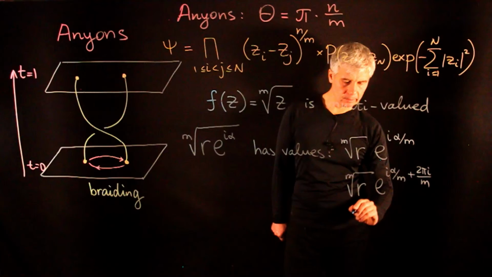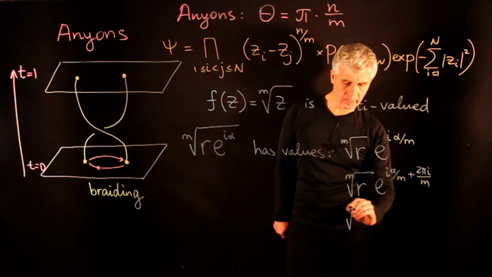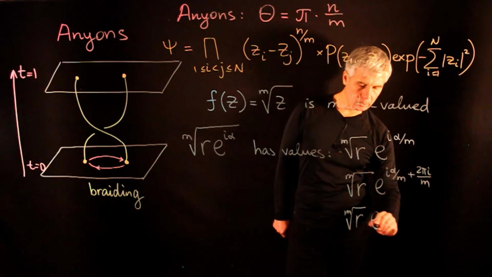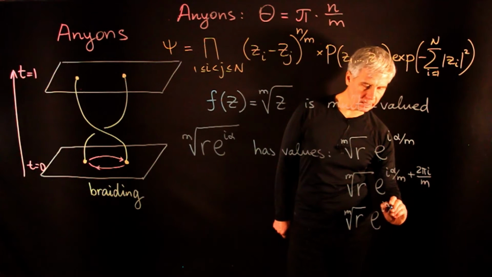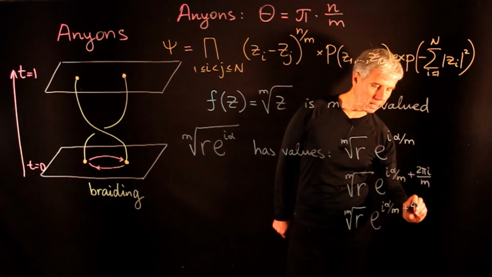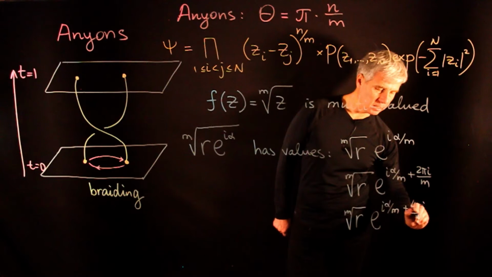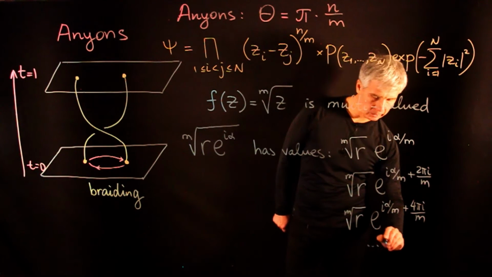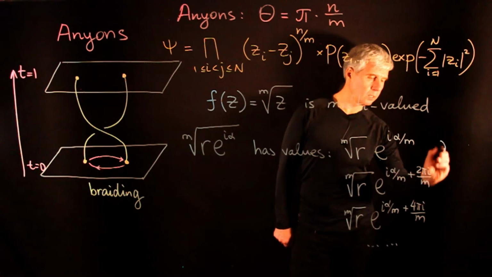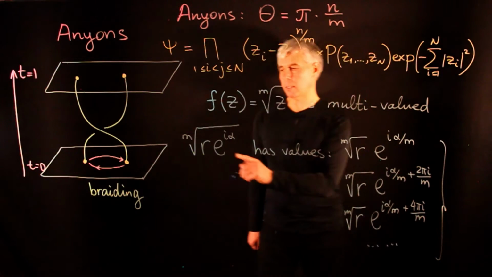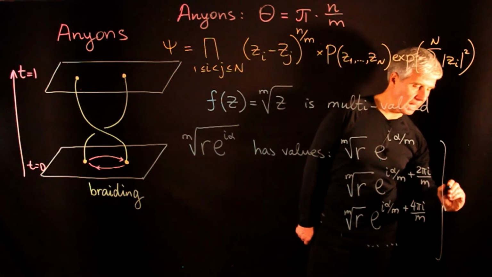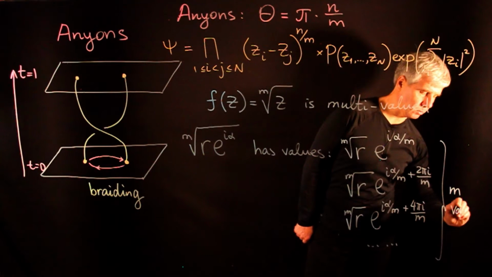And then the next one will be the mth root of r e to the I alpha divided by m plus 4 pi I divided by m, and so on. In total, the mth root of a complex number has m different values.